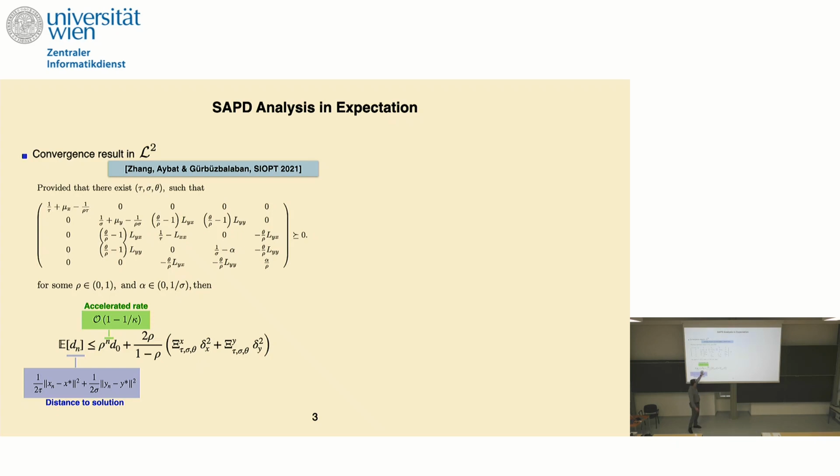The first type of terms tell you how fast you forget your initial conditions. That's called the bias term, right? So let's say you had an initial error at initialization, it decays over time, right? So this part will tell you how fast you forget that. And this kappa here is telling you that you have an accelerated sort of rate.